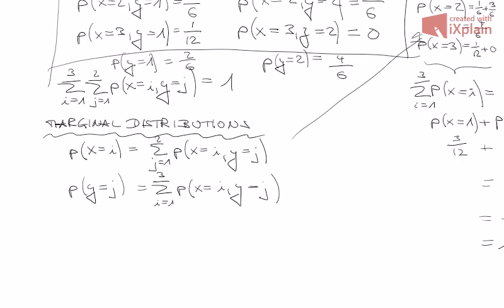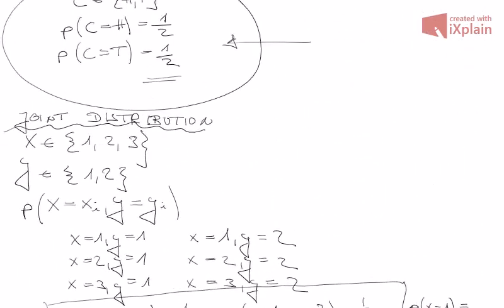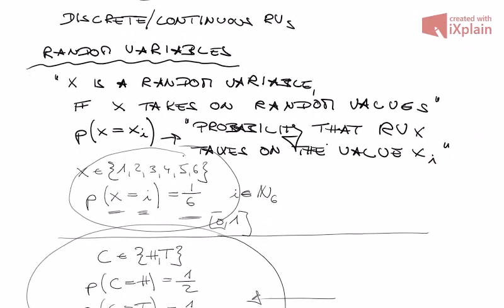So to summarize, what I tried to introduce is fairly sloppy in mathematical terms: to say x is a random variable if it takes on random values. Then I've made the point that probabilities, as you know, are values between 0 and 1.